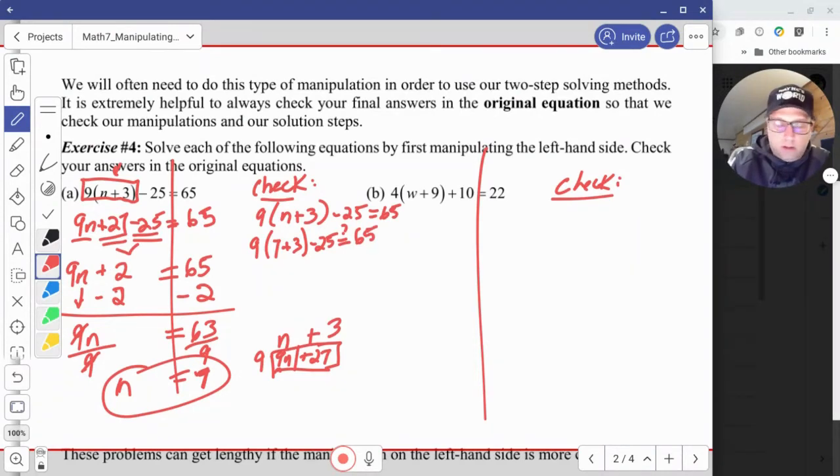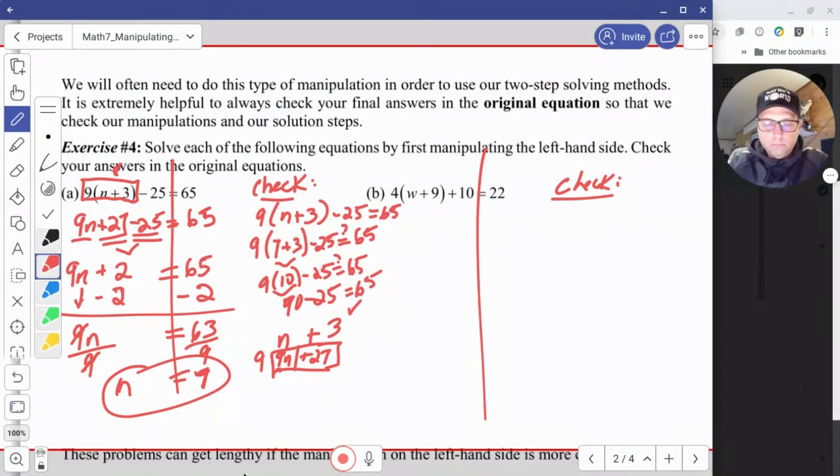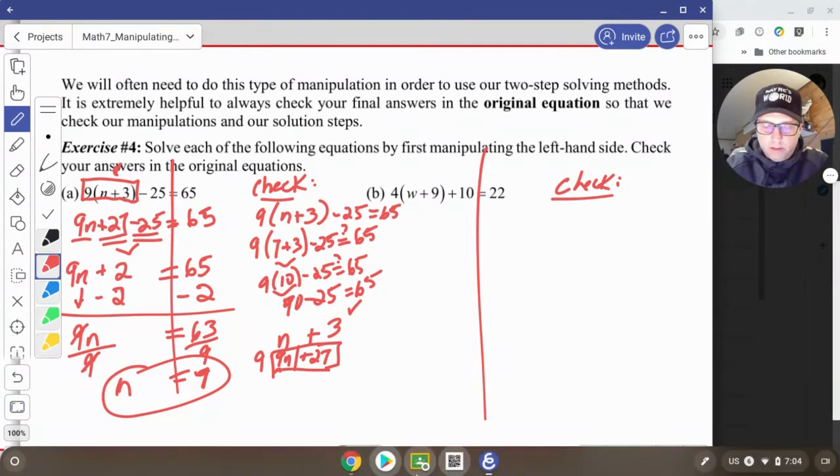All right, guys, it's PEMDAS all the way here. The next step is inside. So that's 9 times 10 minus 25. Is that equal to 65? Well, 9 times 10 is 90, and 90 minus 25, if you need a calculator, go for it, but 90 minus 25 is 65. So that checks because the two sides are equal.